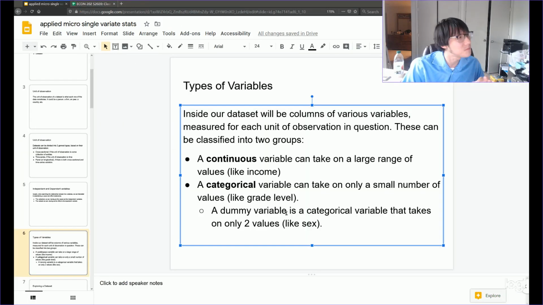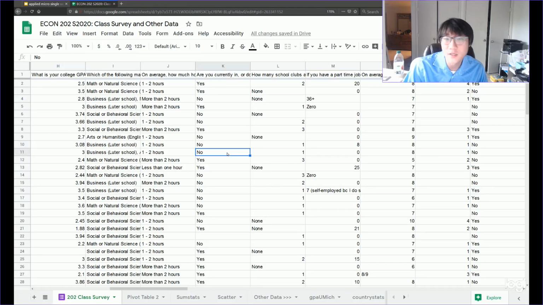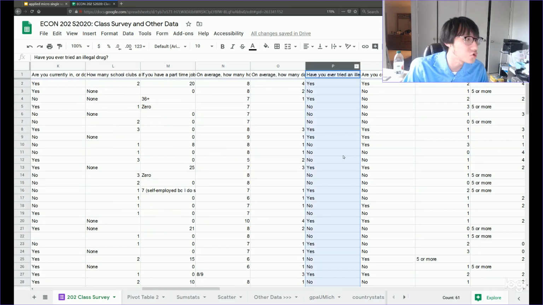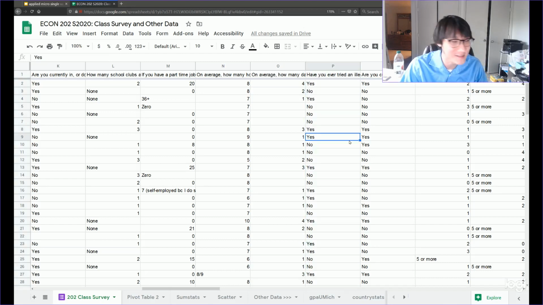In particular, this is just an additional point of terminology. If a variable can take on only two values, like sex in our data set, or like, for example, I asked about whether you have ever tried an illegal drug. Actually, sorry, that's a bad example because there were actually three alternatives for that one.